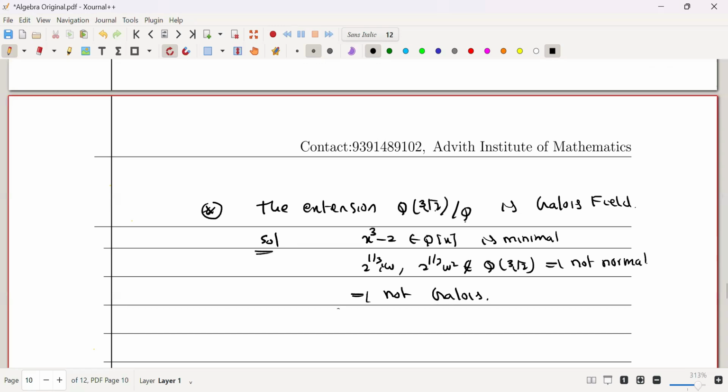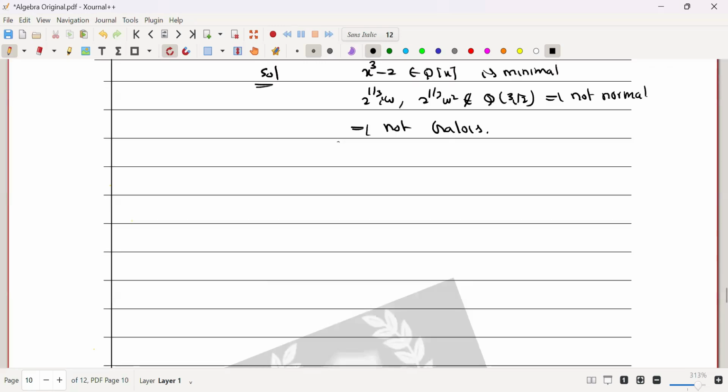Not Galois. We can also say it another way. What is that? If the order of the automorphism group of K over F is less than the degree of K over F, then it is not Galois.